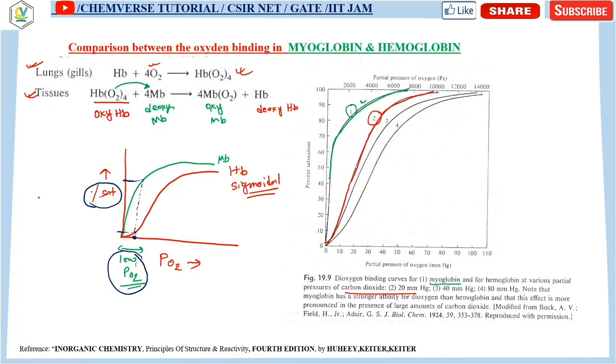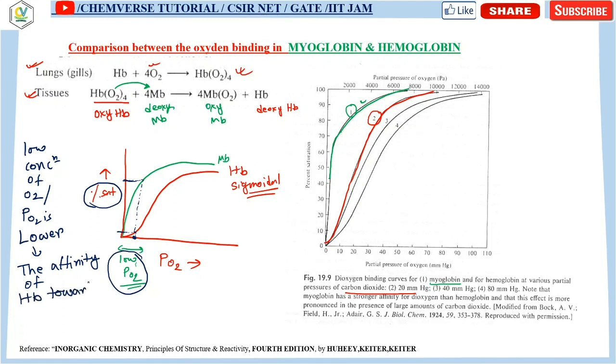So from this curve, when there is a low concentration of oxygen, or you can say that PO2 is lower, the affinity of hemoglobin towards oxygen is lower as compared to that of myoglobin.